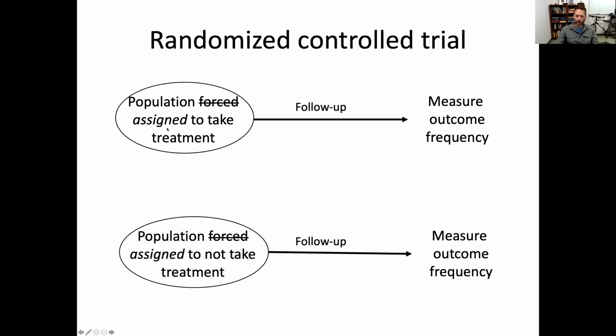The other thing to note, we lack a time machine. We also are generally going to lack a way of forcing study participants to do the thing that we want them to do. We can tell people what to do, but it's relatively rare that we can actually force them to do what we want them to do. It would be unethical in a lot of situations to force them to do what we want them to do.